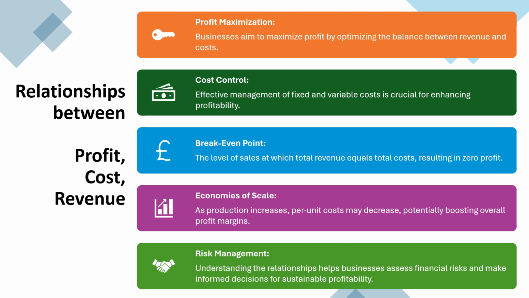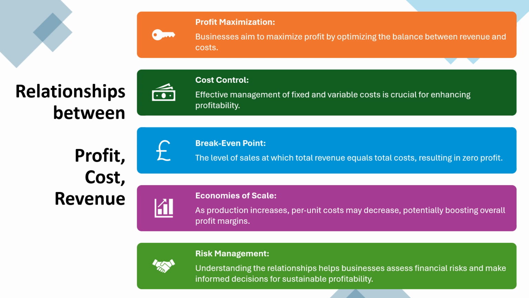Now we will see the different relationships between profit, cost, and revenue. So profit maximization. Businesses aim to maximize the profit by optimizing the balance between revenue and costs. Cost control. Effective management of fixed and variable costs is crucial for enhancing profitability. The break-even point. The level of sales at which total revenue equals total costs, resulting in zero profit.